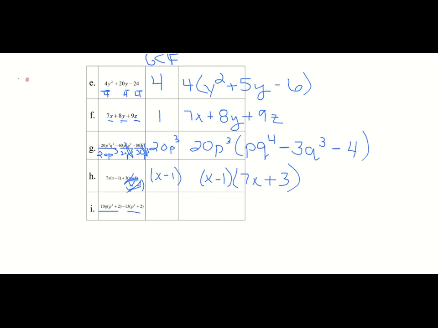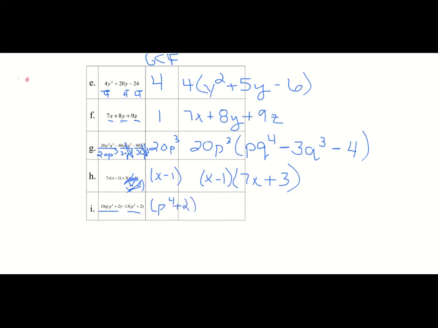My factors of the first term are 10q and the quantity of p to the 4th power plus 2. The second one, it's 13 times p to the 4th power plus 2. So there, my greatest common factor, again, is the expression p to the 4th power plus 2.